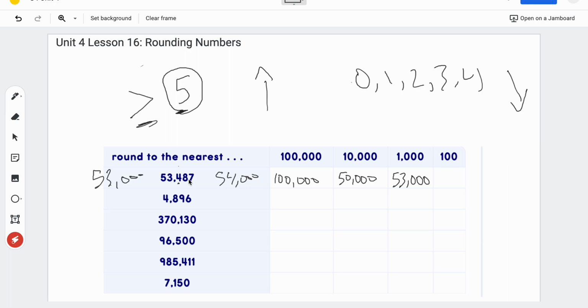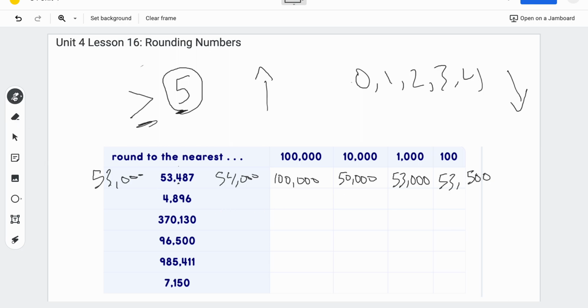So this number rounded to the nearest hundred is going to be 53,500.